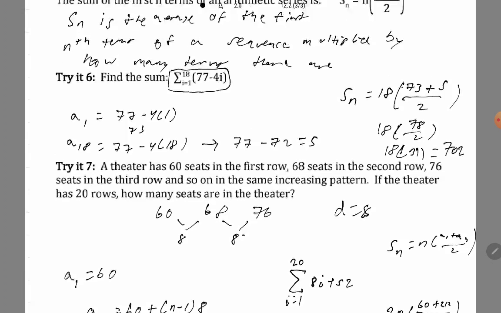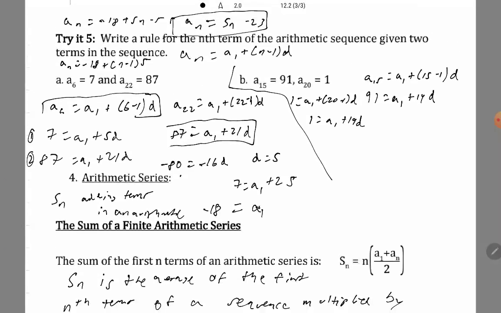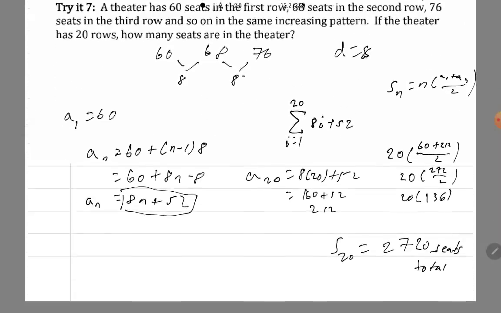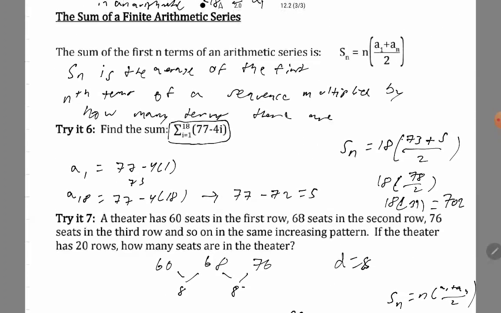Lots more math involved in business when it comes to theater. But that's just one type of example we use sequences and series for. Hopefully this helps you out. Have a good day.